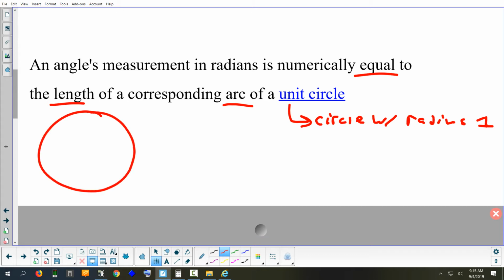Let's say that that's a unit circle. Radius of 1 what? 1 foot, 1 inch, it doesn't matter, just 1 unit. Here's my radius. Let's just call it 1 foot. So you've got that. Let's draw our terminal side over here.